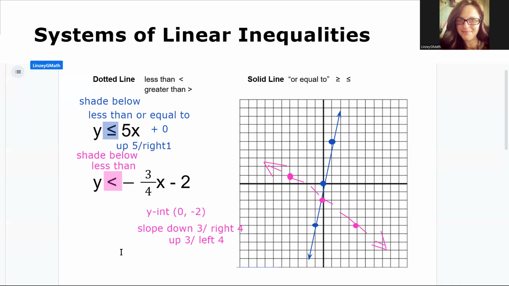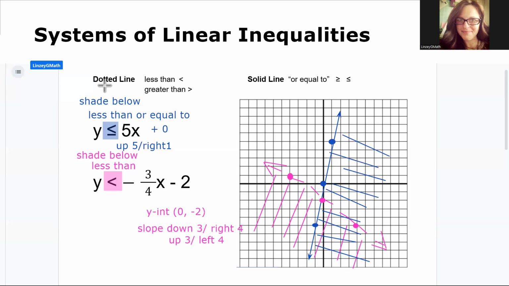Speaking of shading, let's take a look at that. We will shade below our pink dotted line, and we will shade below our blue line.